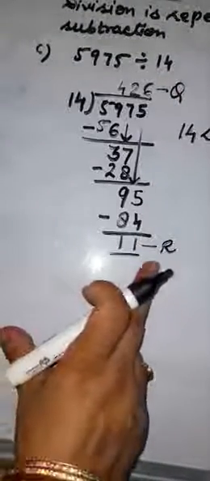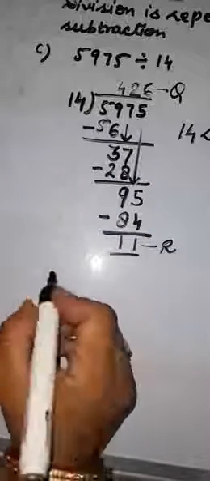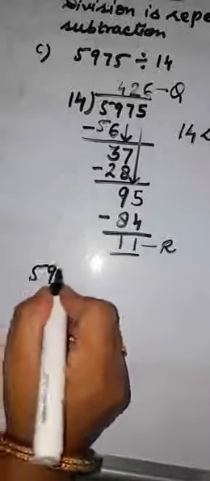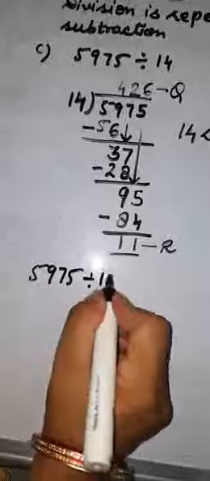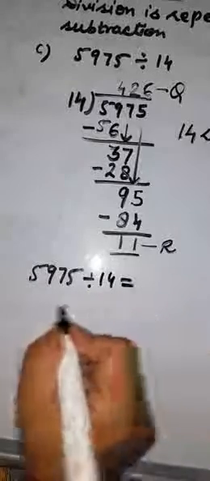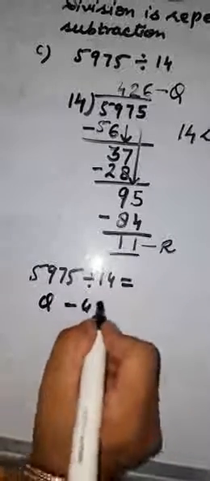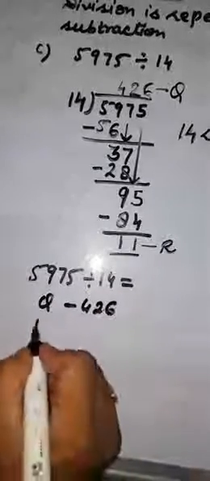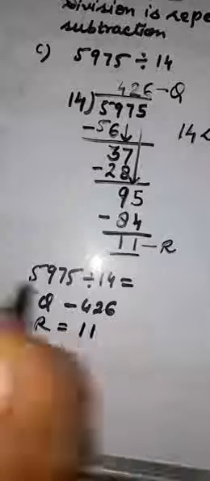This is our quotient and the remainder part is 11. So when we divide 5975 by 14, we get the quotient 426 and the remainder 11.